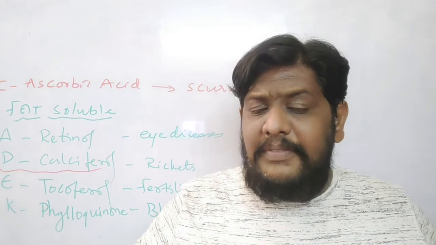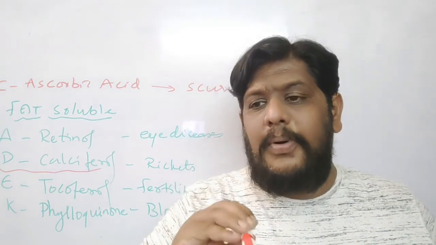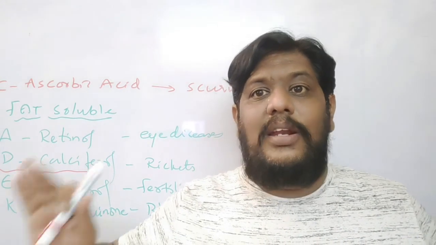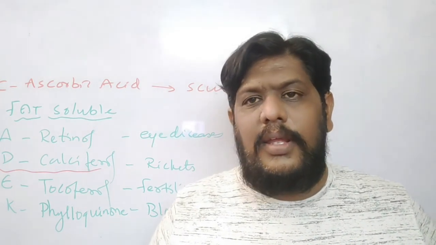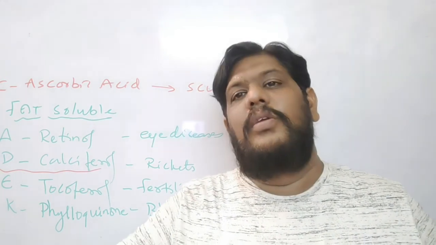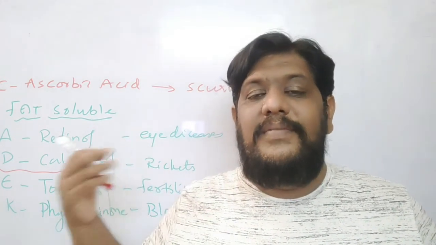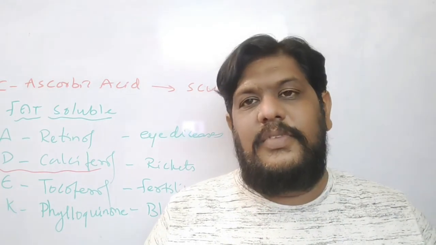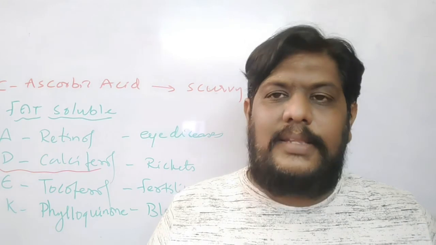If there is no proper phylloquinone in your body, if it is deficient, then there will be a delay in clotting. What will happen if there is a delay in clotting? The blood will keep on oozing. There will be severe loss of blood, which can even lead the person to death.